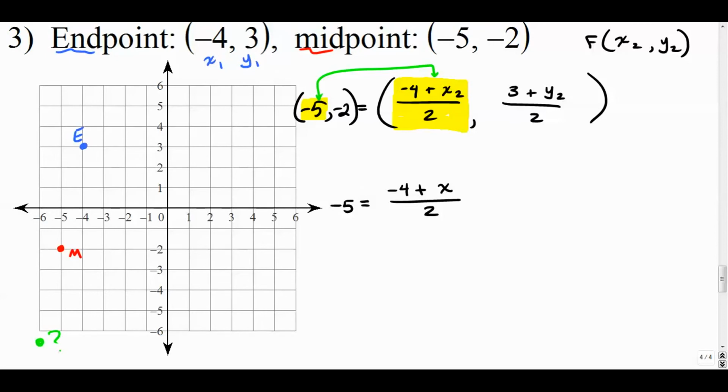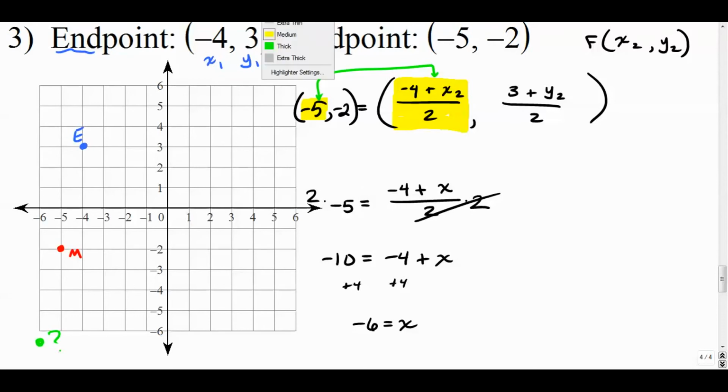To solve this is simply just a rational equation. We're going to get rid of that 2 in the bottom, so multiply everything by 2. When you do that over here, you get -10. When you do it over here, these cancel. Add 4 to both sides. Get -6 is equal to x.